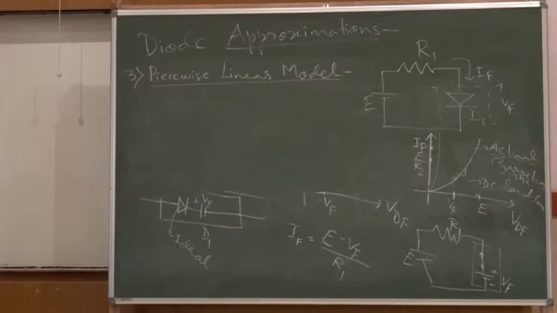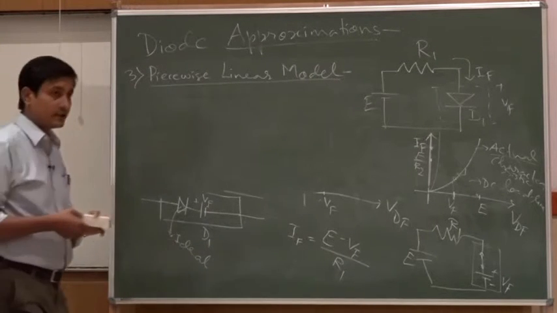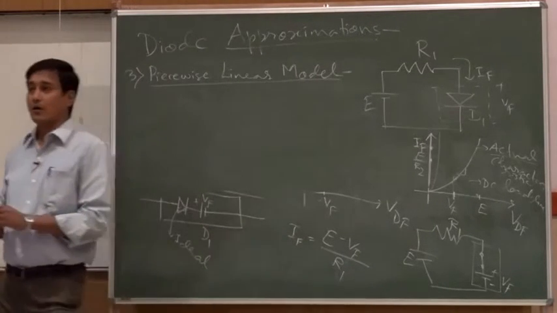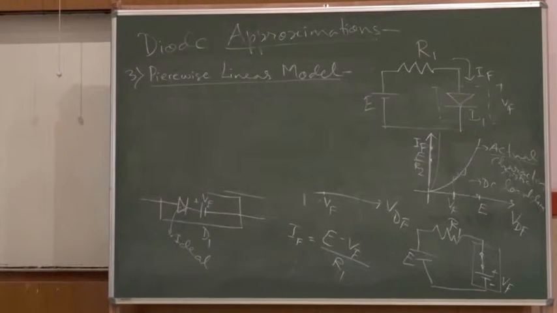It is the piecewise linear model. In this, we will consider that if diode current is flowing there, it has to cross a particular voltage level, and then the flow of current through it is not whatever current you want, that will be decided by the external load, but also by the diode.